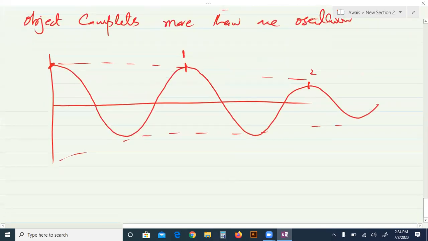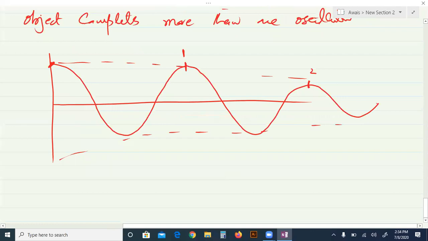So this is the example of light damping. If more than one oscillations are completed by the object, this is known as light damping. Like a pendulum, it is overcoming the resistive force, but before stopping, it completes several oscillations. So this type of damping is called light damping.